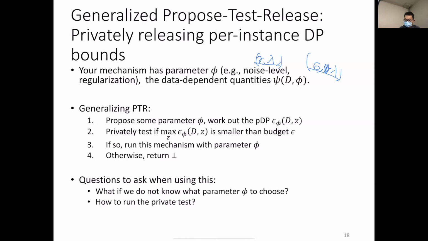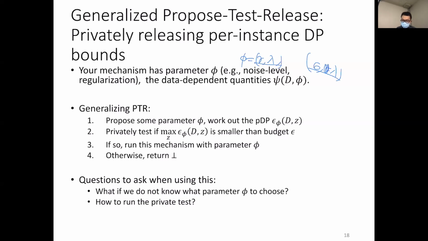These are the groups of hyperparameters, and I'm grouping them together and calling them phi, right? So we propose this, we believe this is something that's going to work, and the privacy loss random variable, or the PDP function epsilon, will also depend on the data set.